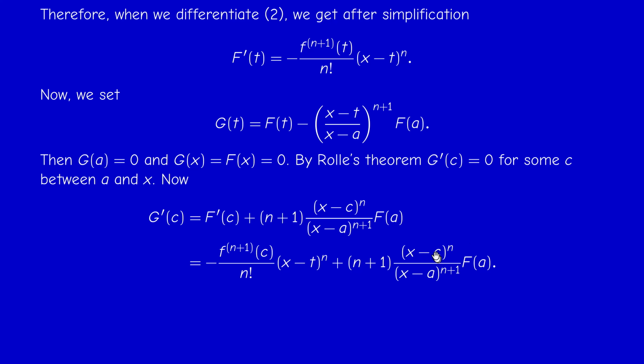So I can simplify, and I get what, actually? I get the value of f of a. So f of a is just x minus a to the n plus 1 times the derivative over n factorial times n plus 1, because this is 0. Okay, so I get the value f of a from this formula. And f of a is just the remainder, and that's it. So, not trivial.